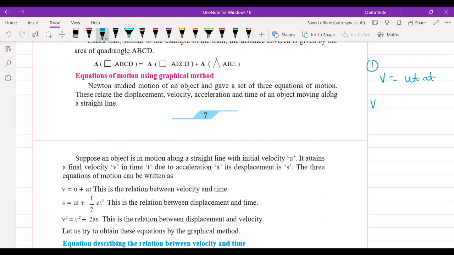Here V is the final velocity, U is the initial velocity, A is acceleration, T is the time taken, and S is displacement.